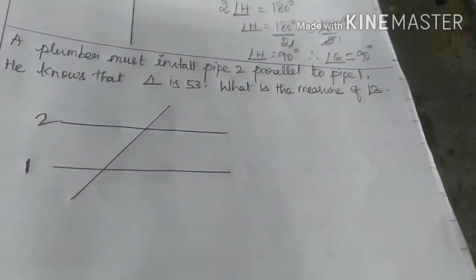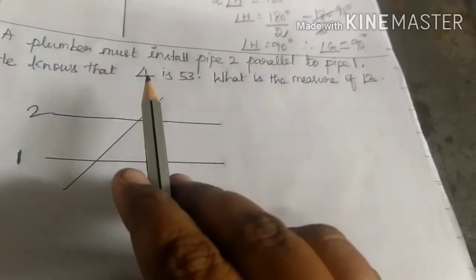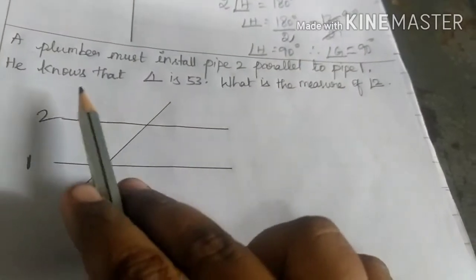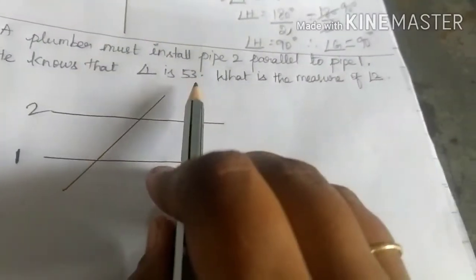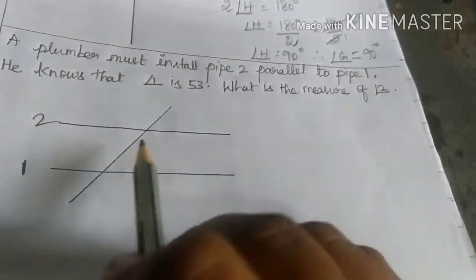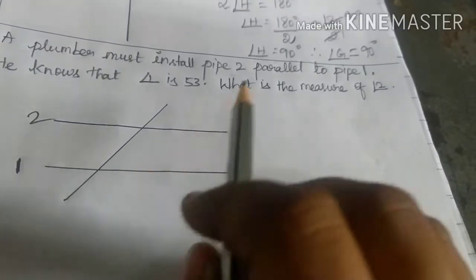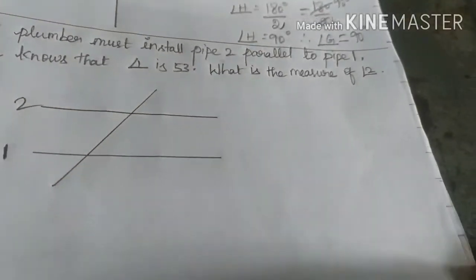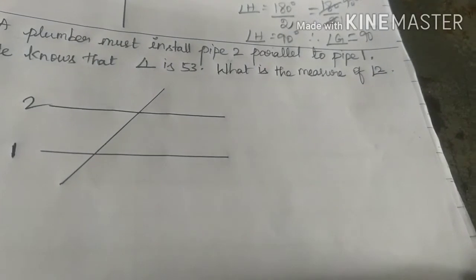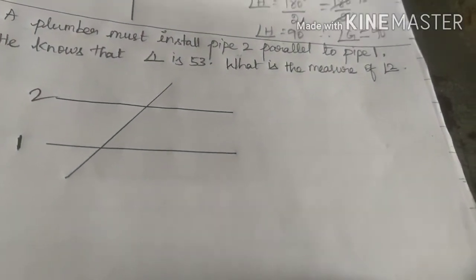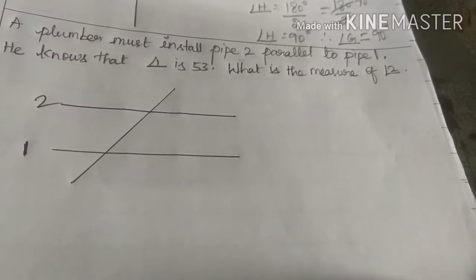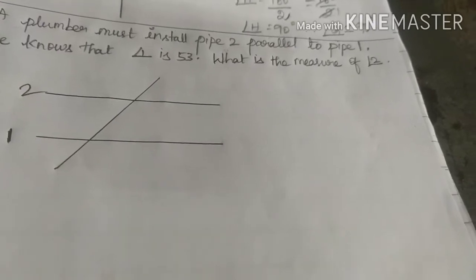He knows that angle 1 is 53 degree, with the parallel lines. What is the measure of angle 2? Where do we have to draw angle 1 and angle 2? Can anyone say where we should draw angle 1 and 2?